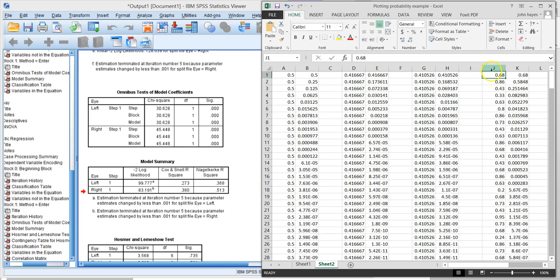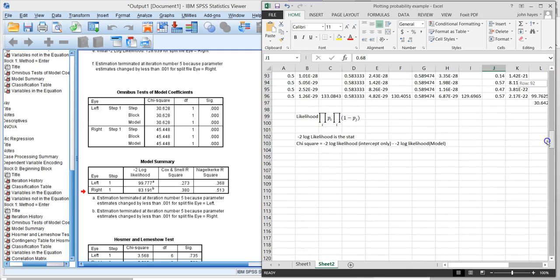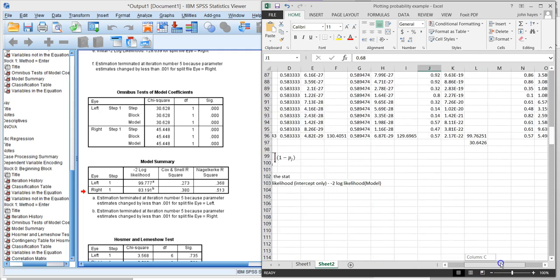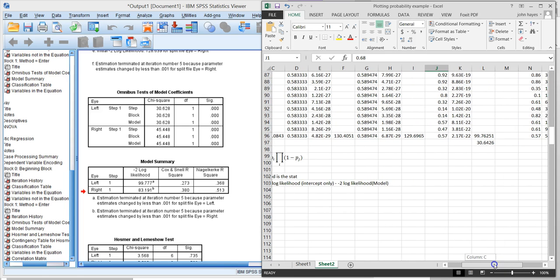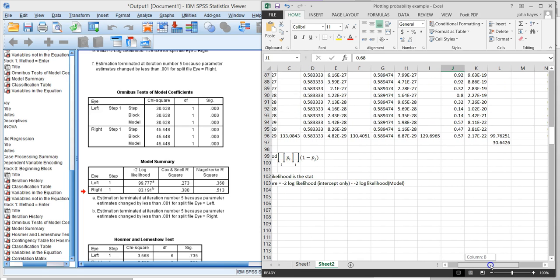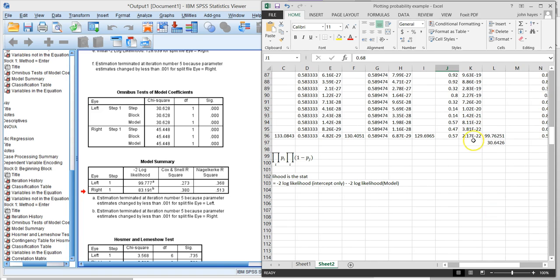And then we said we multiplied all the P's. Now the first group of people here are all those that are of one lens type. For the, I believe, left eyes, these are the probabilities.